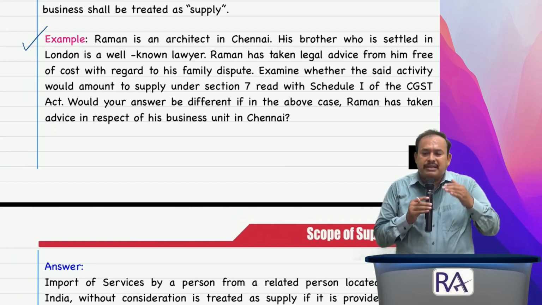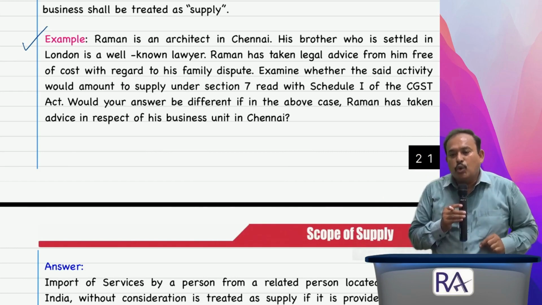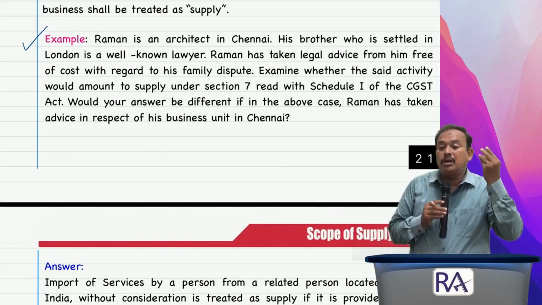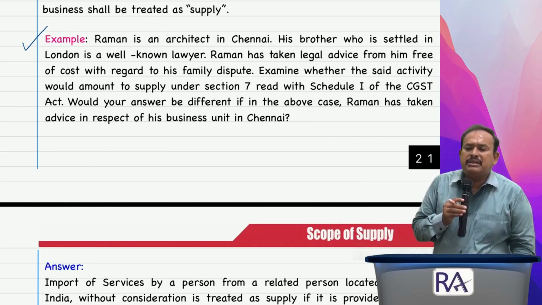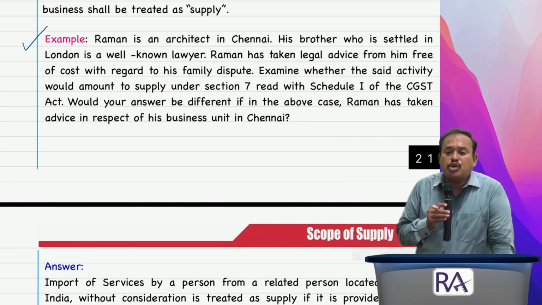Raman is an architect in Chennai. His brother, who is settled in London, is a well-known lawyer. Raman has taken legal advice from him free of cost with regard to his family dispute.